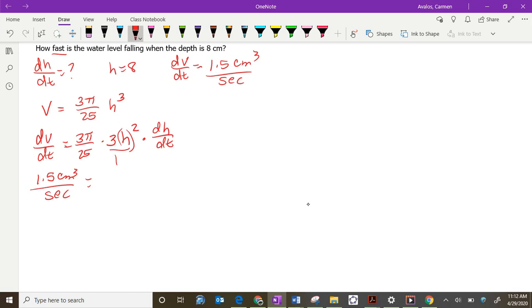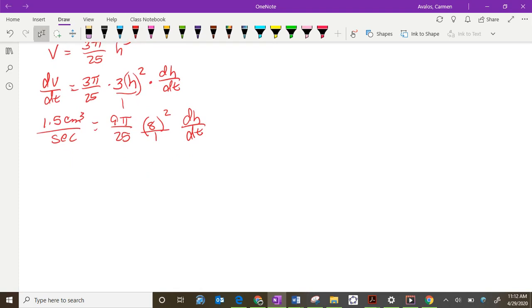We know that H is going to be 8. And so here we end up with 9 pi over 25 times 8 squared. That's still over 1. And then the dH dt we do not know. So you fill that in, and then you simplify it, and you get 1.5 centimeters cubed per second equals 576 pi over 25 centimeters squared times dH dt.